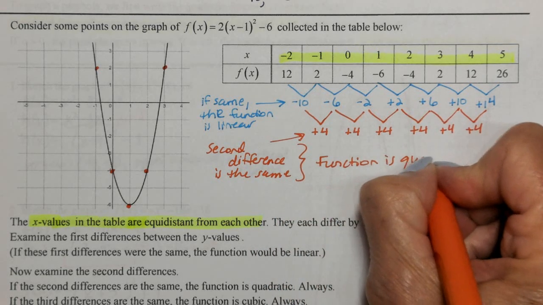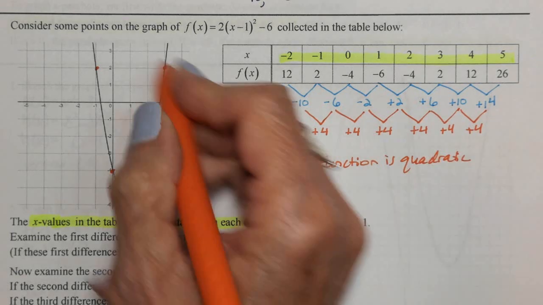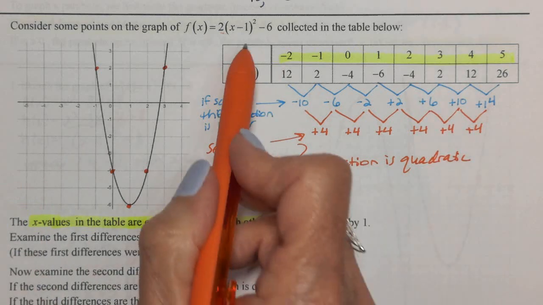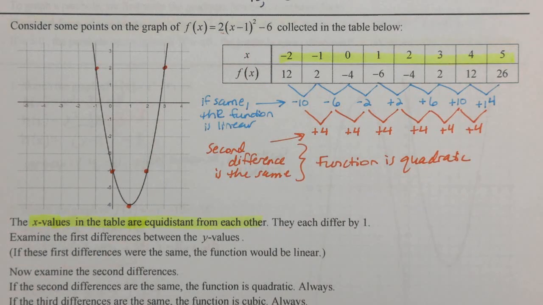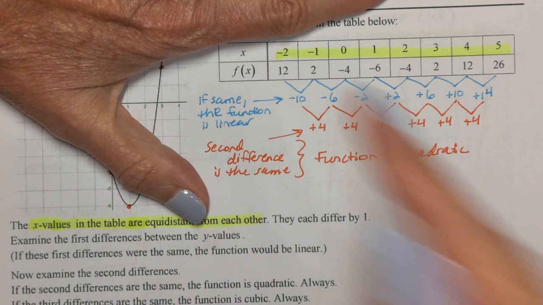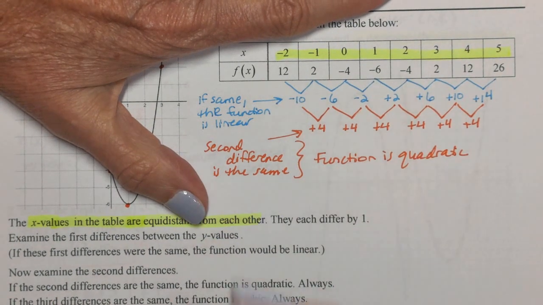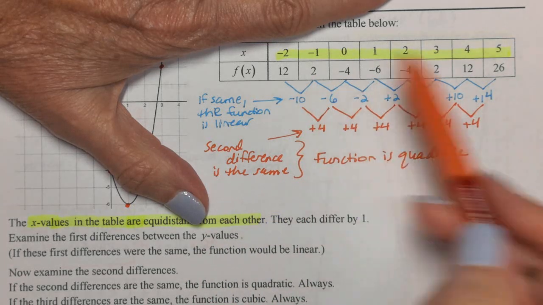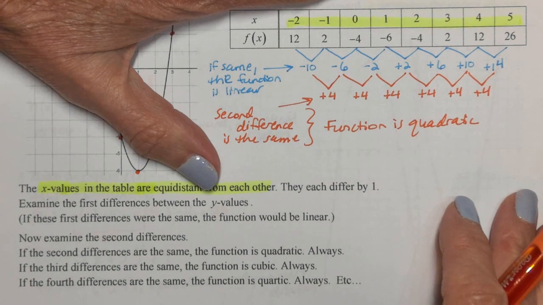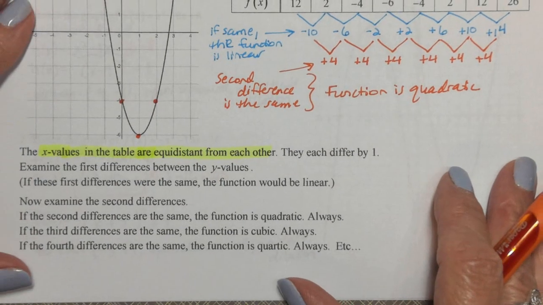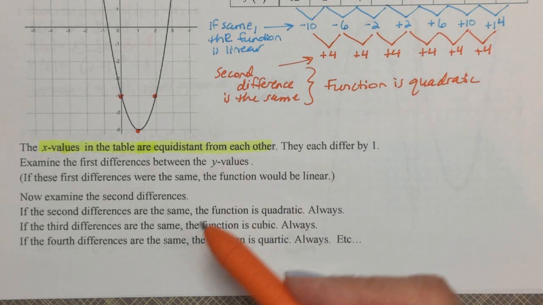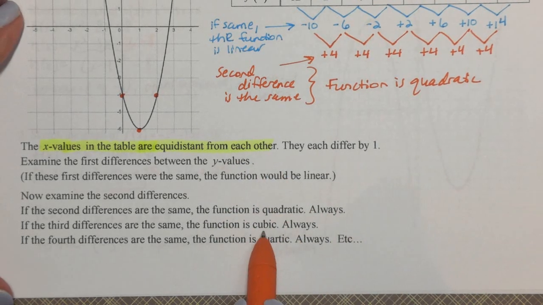Now we knew it was quadratic because I made it quadratic. So I knew this was going to work because I had a quadratic here. But even if you weren't given any other information, even if you were given just a table of values, you could determine the degree of your function if it's polynomial. If the second difference was not the same, but the third difference was, your function would be cubic.